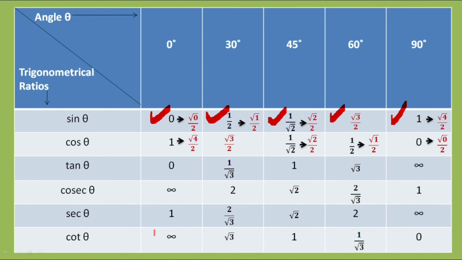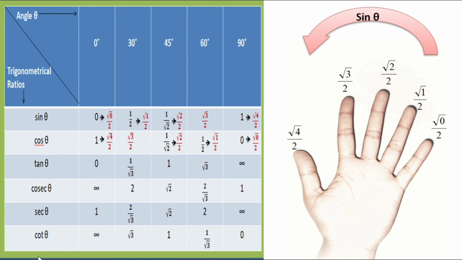So now look at the fingers of the left hand. Here baby finger I have represented as root 0 by 2, and we will remember it as the value of sin 0 degree. Then ring finger represents root 1 by 2. Middle finger represents root 2 by 2.